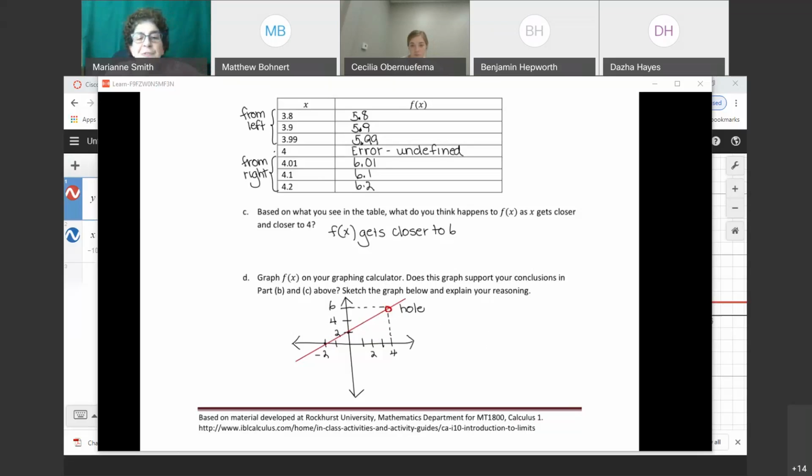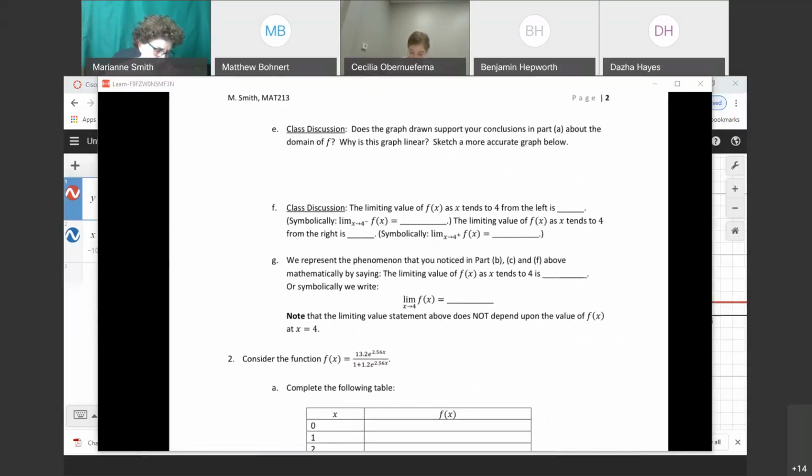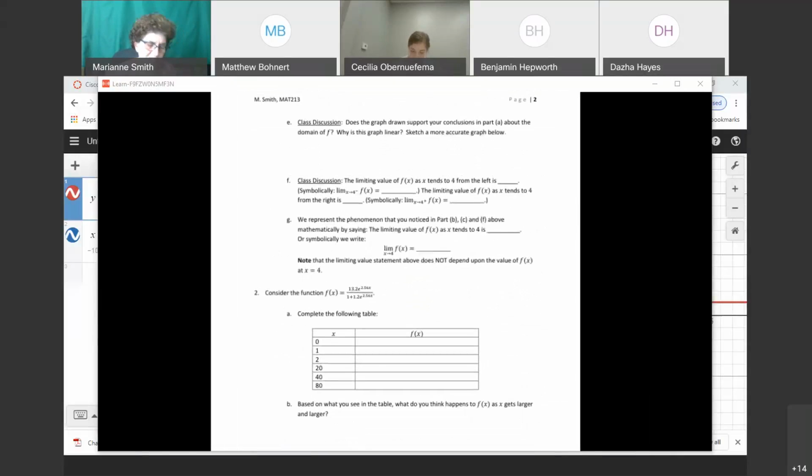Here's one I want to make sure you see. Let's take a look at this one. This is more about the last one. It says, does the graph drawn support your conclusion about the domain? And here's the question I want to address. The graph isn't linear. There is a hole at x equals 4.